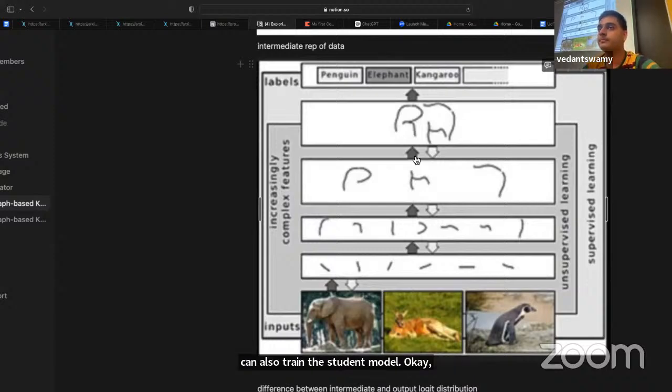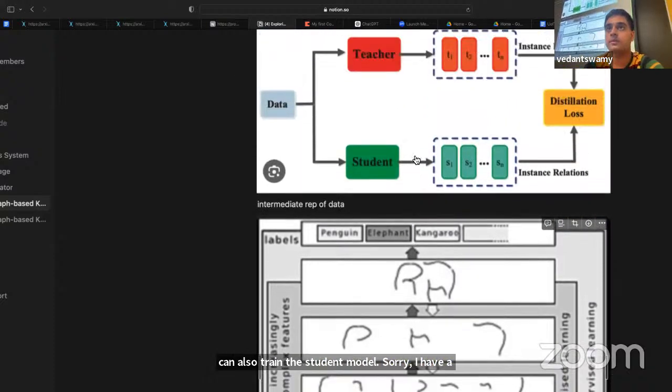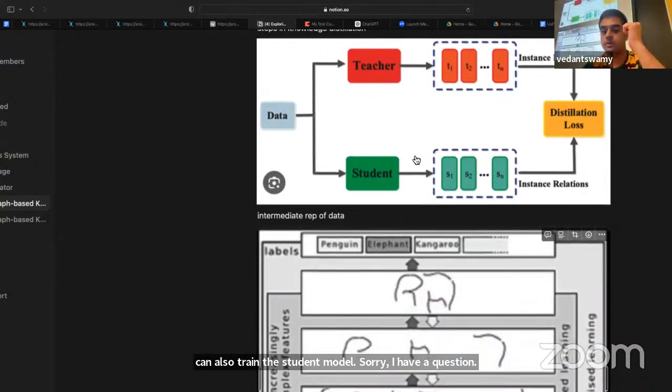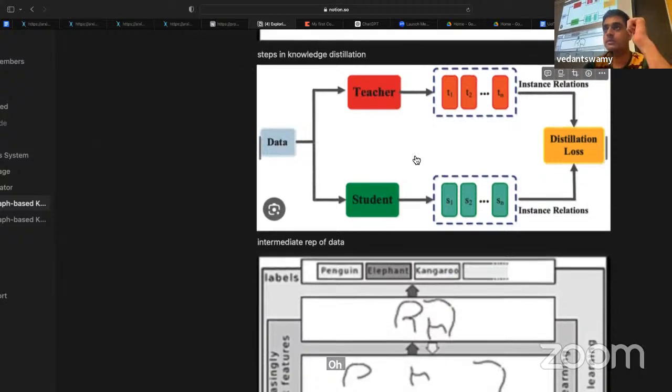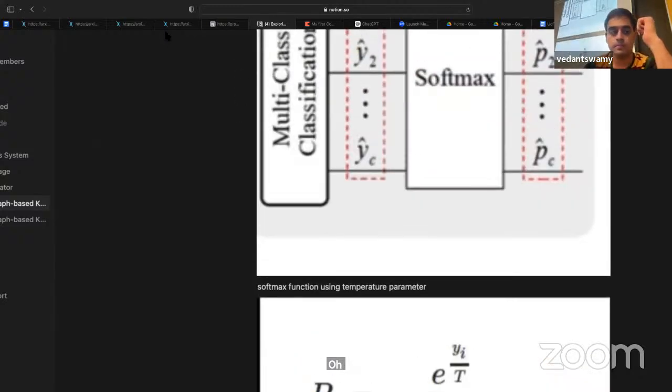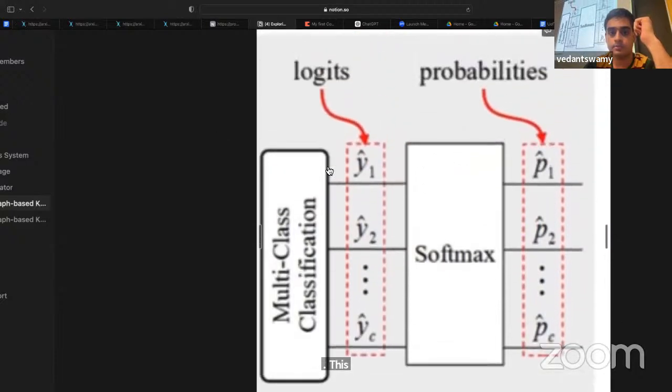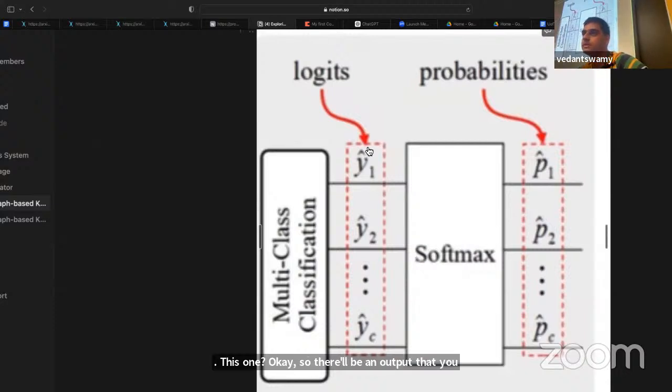I'm sorry, I have a question. I have no idea what the logic is. Could you explain? Yeah, like there were logits. Okay, so there'll be an output that you get from the last layer of the neural network, right?